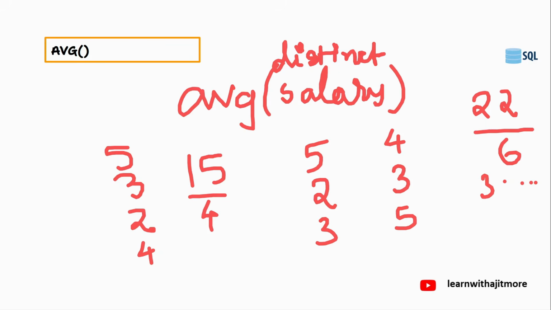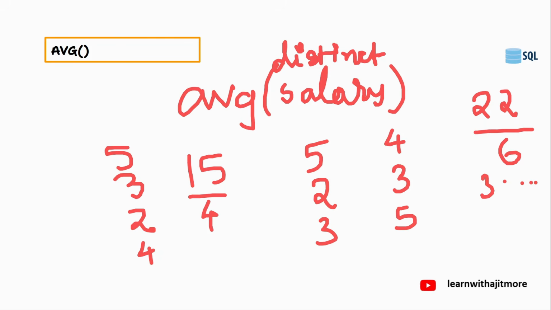The distinct will take, but the answer will be more accurate. It will be more accurate if you give distinct. Because there can be many employees who are having the same salary. So if there are 100 employees, there can be some employees whose salary is the same.